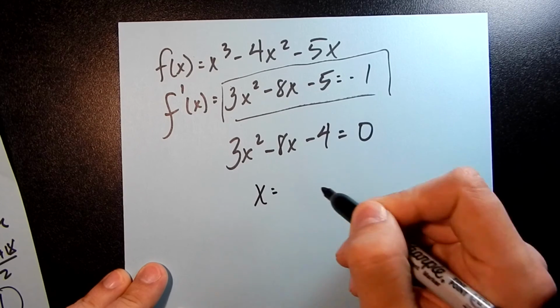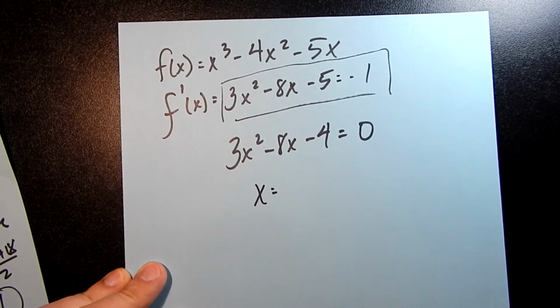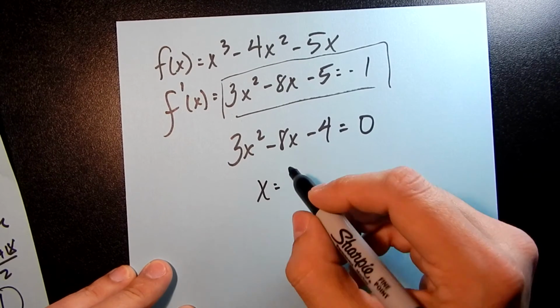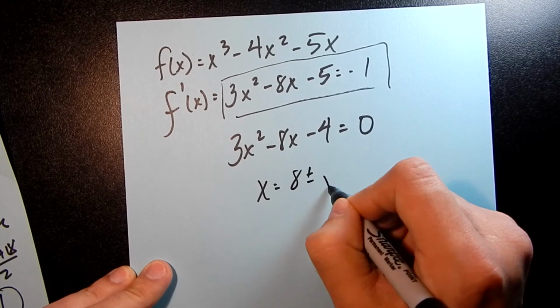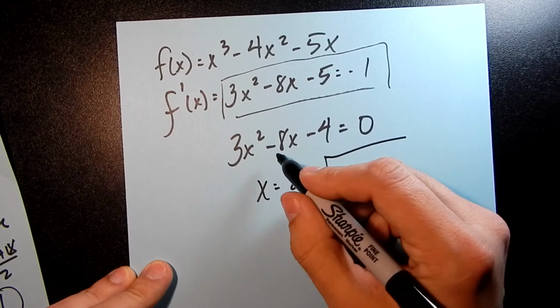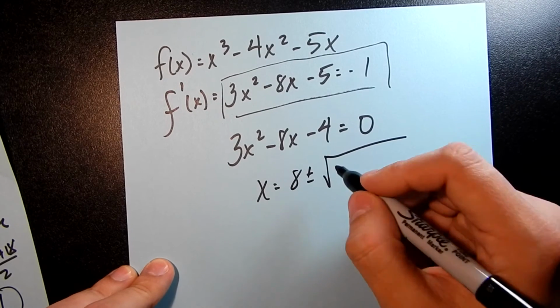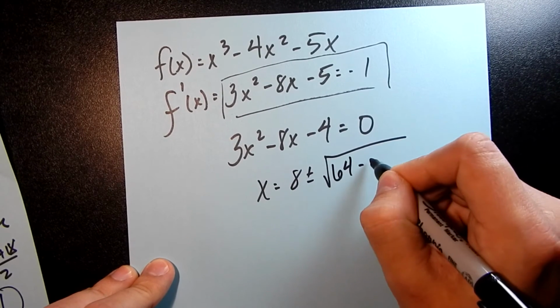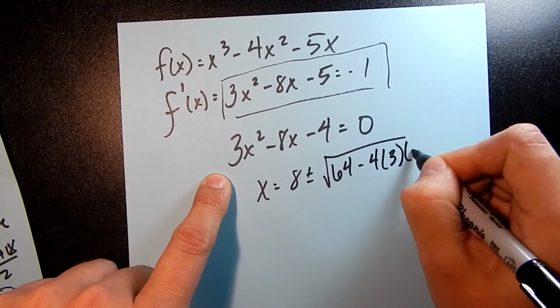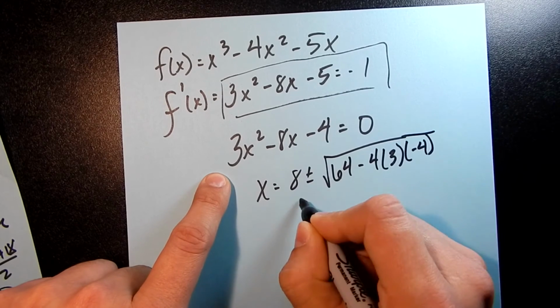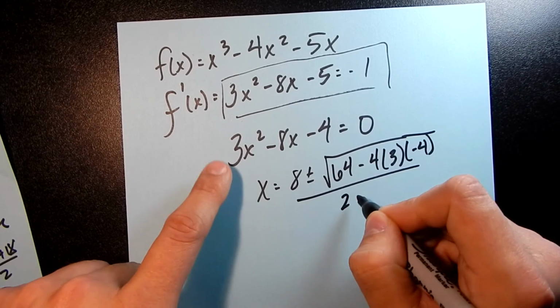So x is equal to negative b, which is 8, plus or minus the square root of b squared, 64, minus 4 times a, which is 3, times c, which is negative 4, over 2 times a, which is 3.